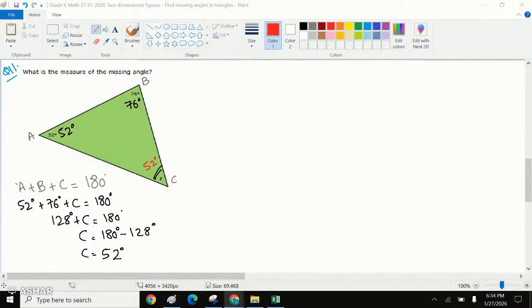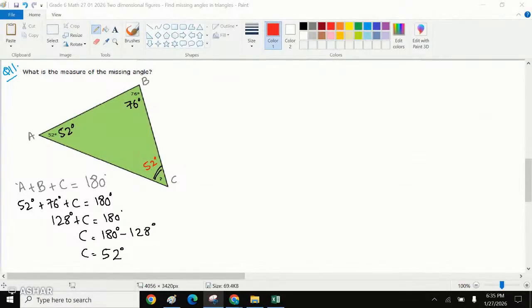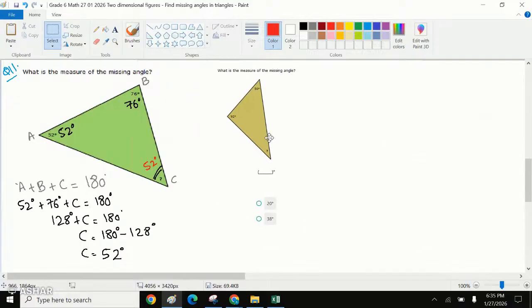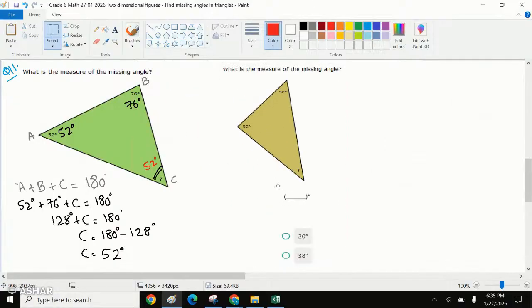Okay, let's do the test. The test is on the right-hand top corner of this lesson. Just a moment, please. I'll just copy it. The first question from the test says, find the missing angle. I'll write down the angles again for your convenience.